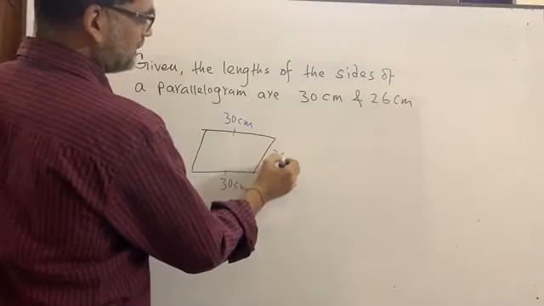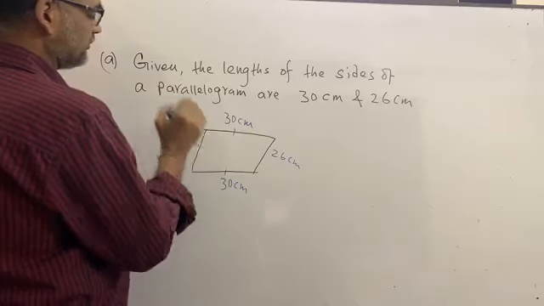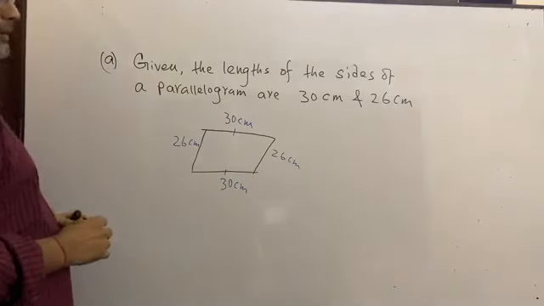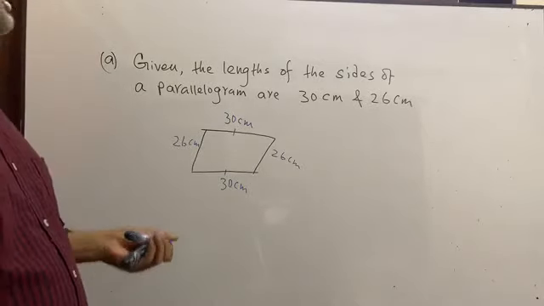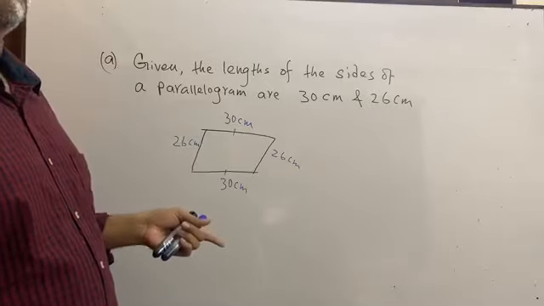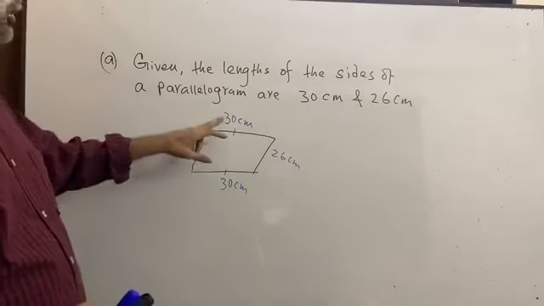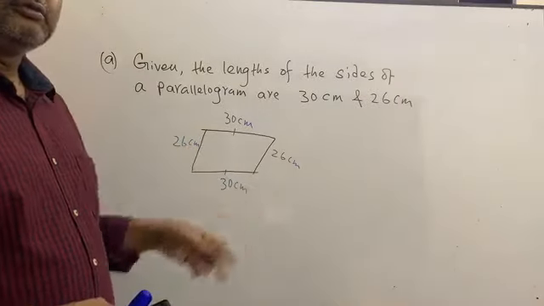It is 26 centimeter, so this is also 26 centimeter. Have you got me? So can you tell me what will be its perimeter? Perimeter means sum of all these four sides. That is, there are two lengths and two breadths, right?